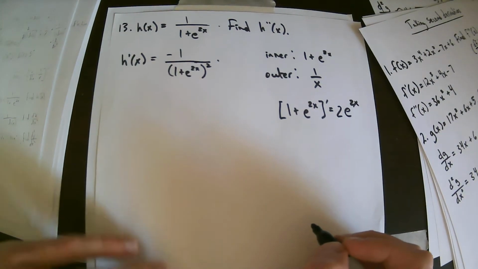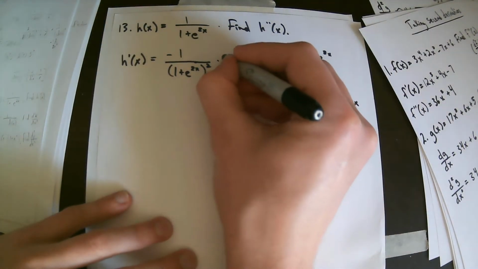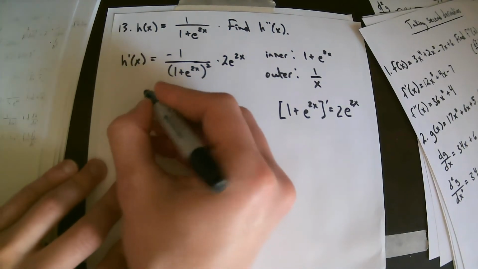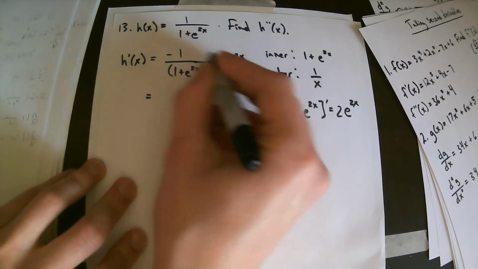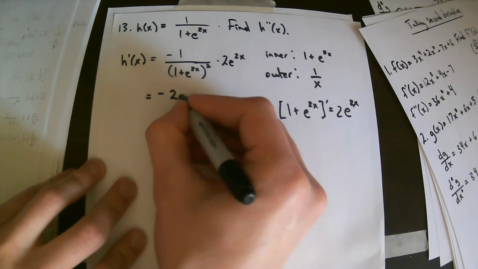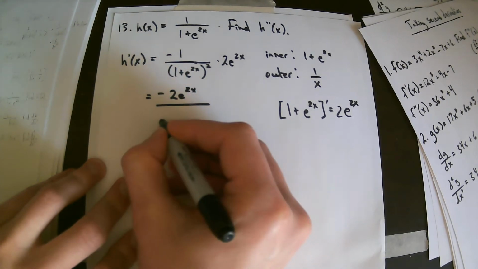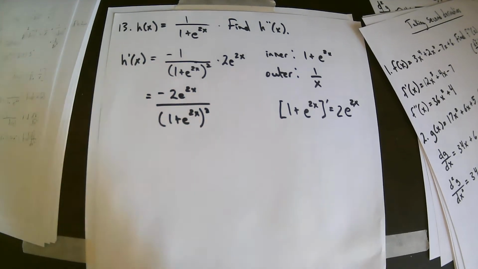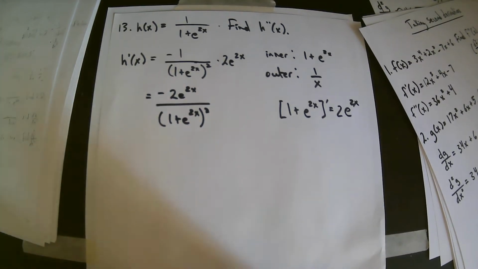And that 2 just ends up dropping down. So we have 2e to the 2x there. Cleaning this up a little bit, just putting this up here. Negative 2e to the 2x over 1 plus e to the 2x all squared. So that was my chain rule.